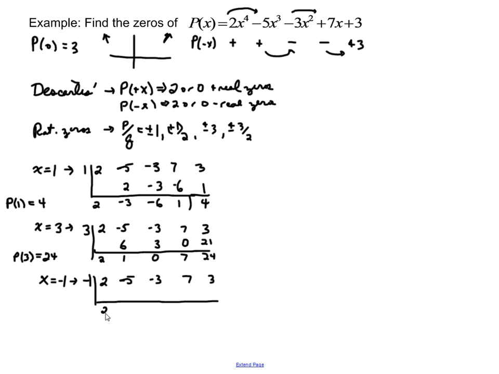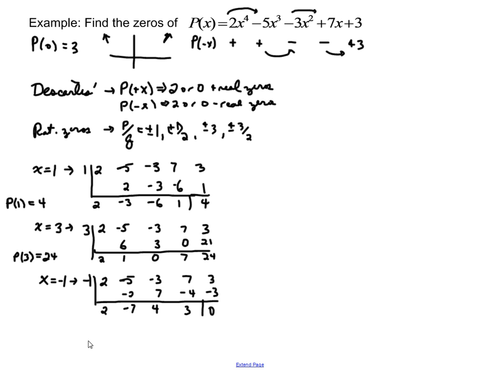Carry down the 2, that's -2 now, so I get -7 right here. Now I get -1 times -7, that's +7. Add down the column to give me +4. -1 times 4 is -4. Add down the column, that's +3. -1 times 3 is -3.